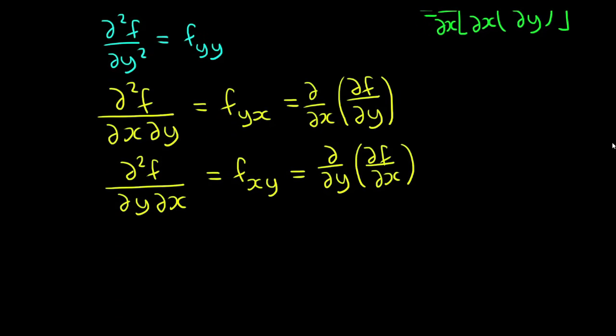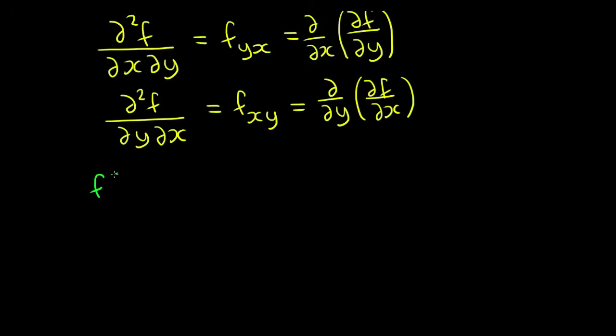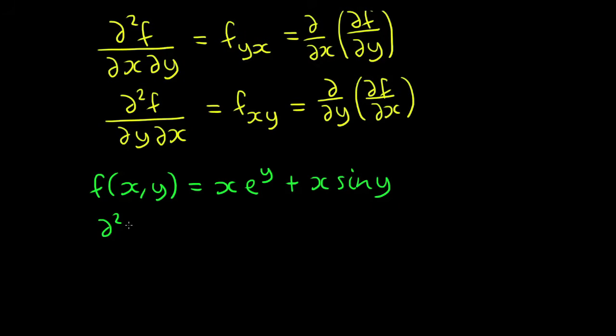And now let's look at a simple example where the function of x and y is equal to x e to the y plus x sine y. So the second order partial derivative of f with respect to x is obtained by differentiating f with respect to x and then differentiating the result with respect to x.